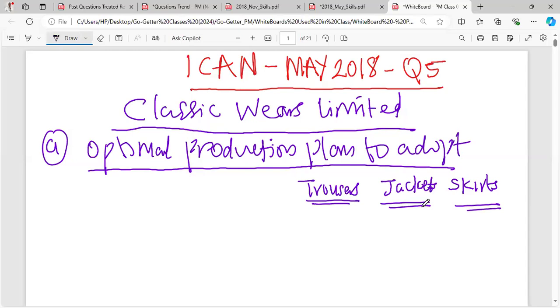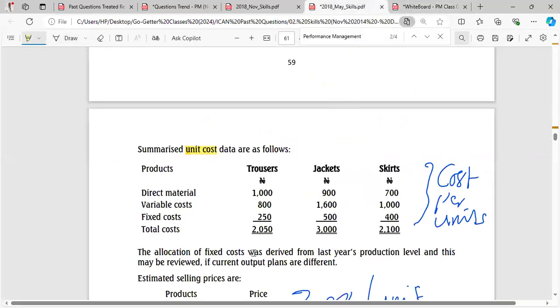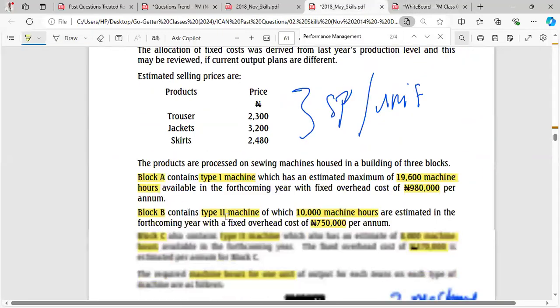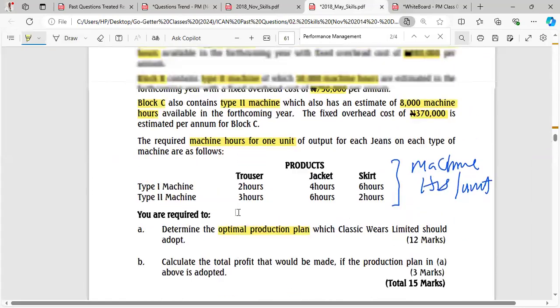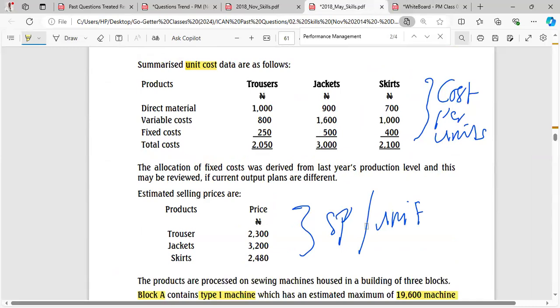All right. So we are supposed to get contribution per unit. How do we get our contribution per unit? Our contribution is supposed to be selling price minus variable costs.